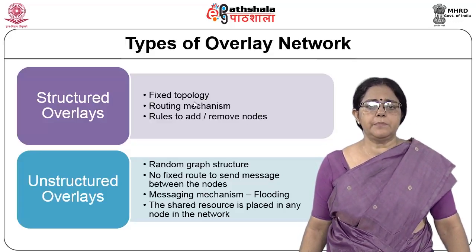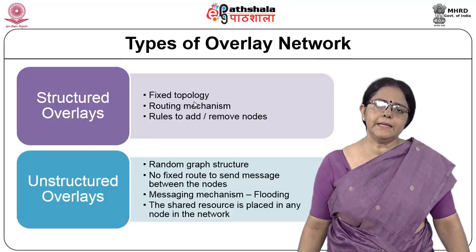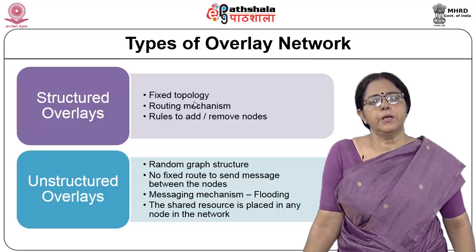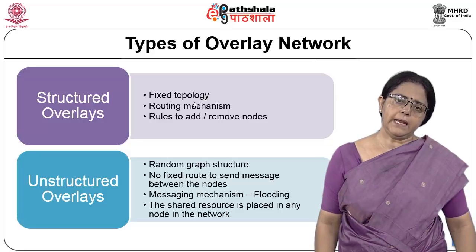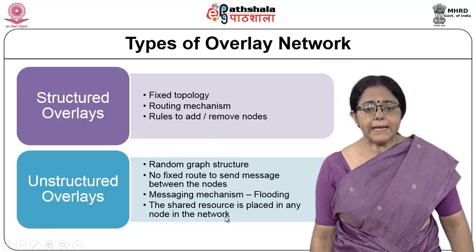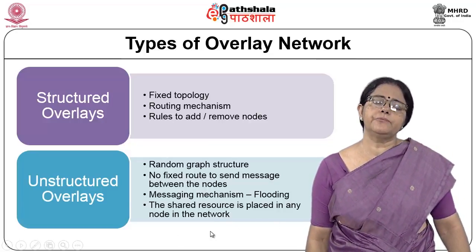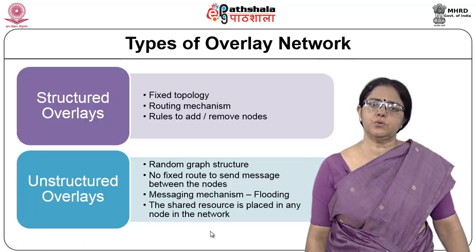One thing we must remember is that it is still a dynamic network, which means that even when it is structured, we have to ensure that nodes are allowed to join and nodes are allowed to leave the network. In unstructured, on the other hand, it is more of a random graph kind of structure.